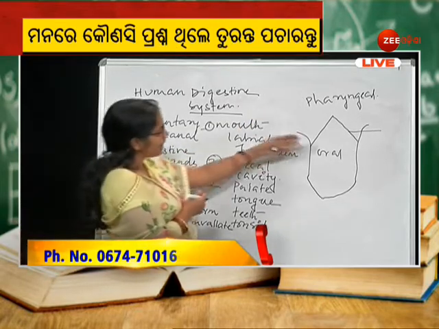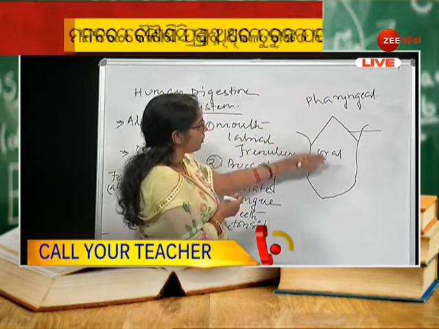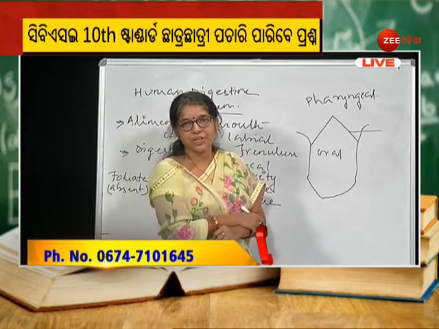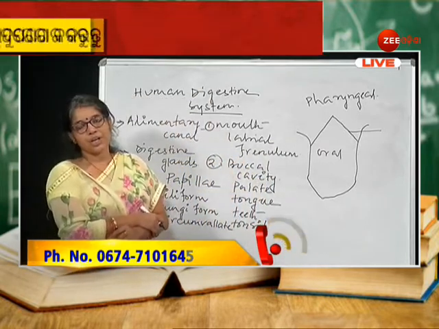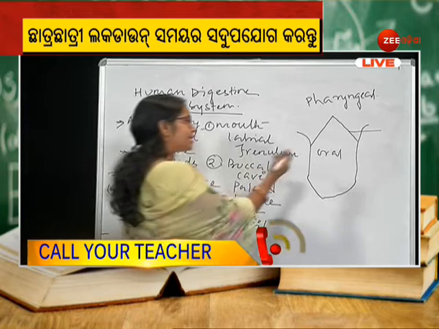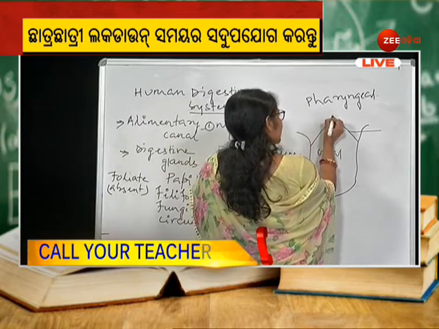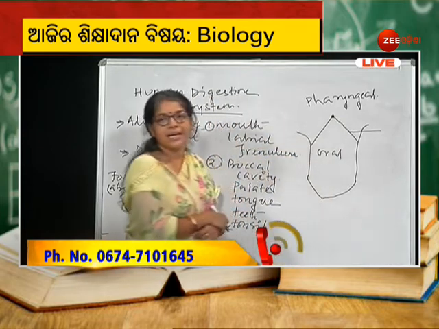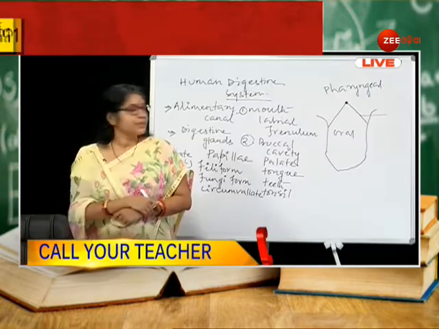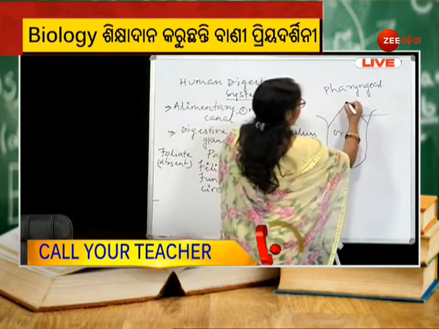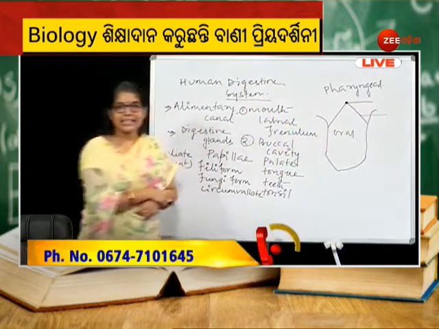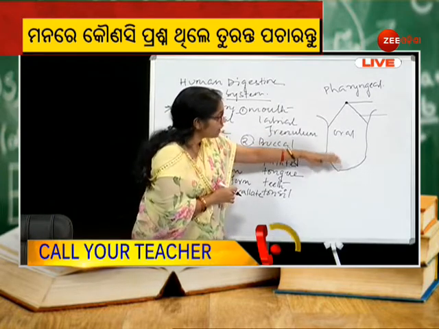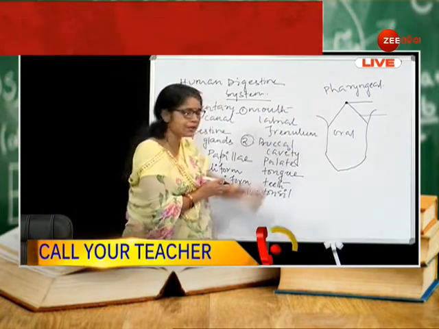So the oral part and the pharyngeal part of the tongue are divided by a V-shaped structure known as the sulcus terminalis. In the center of the sulcus terminalis, there is a pit-like structure known as the foramen cecum. This is the foramen cecum, which is present at the center of the V-shaped structure. So this is the tongue, and it is divisible into two different parts.